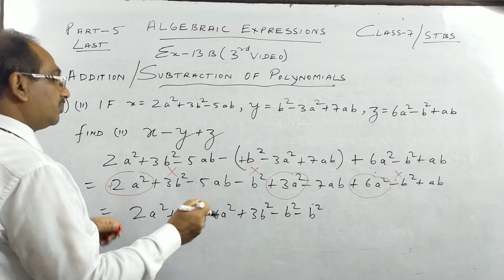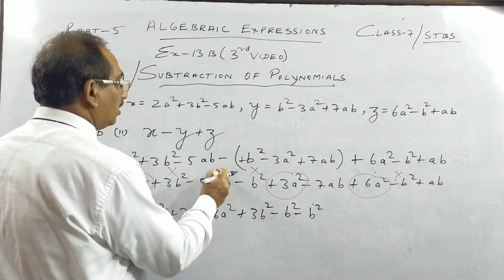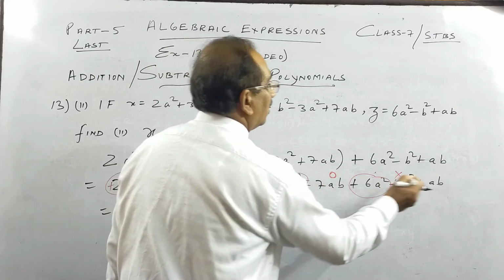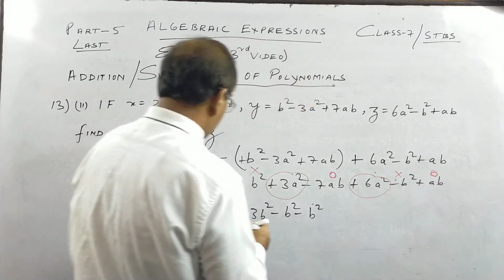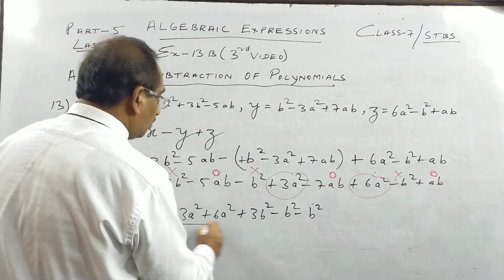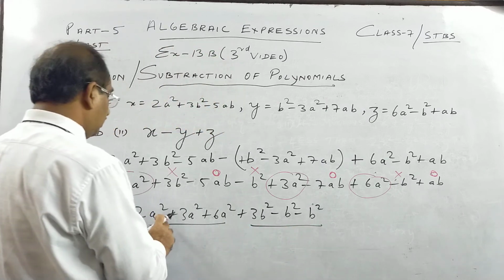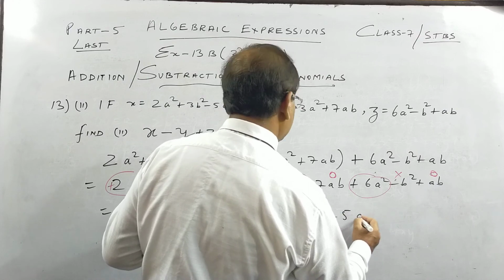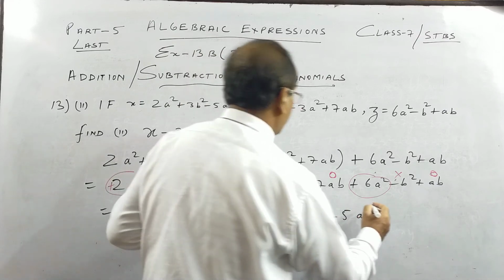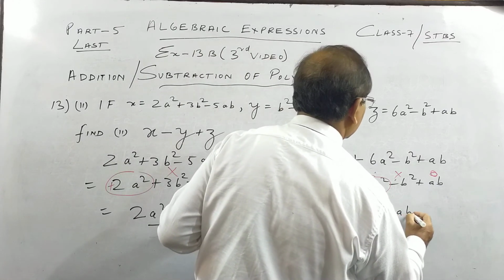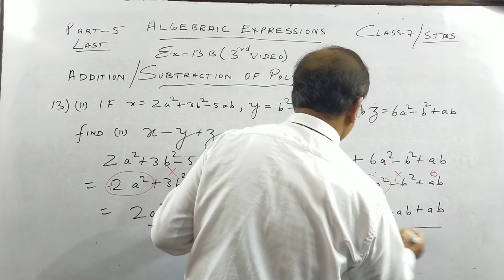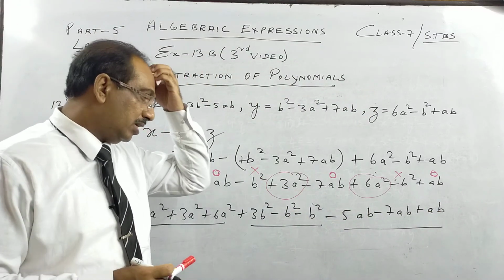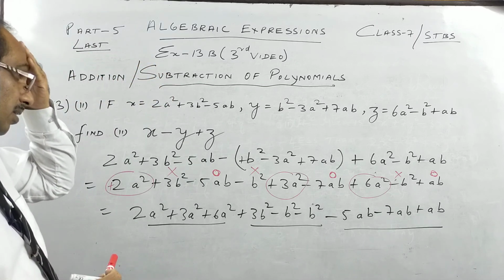That I have done. Next we have ab terms. I just put a round around the ab terms. So you see we have a total of 9 terms: 3 terms with a square, 3 terms with b square, and 3 terms with ab. So minus 5, minus 7 and plus ab.